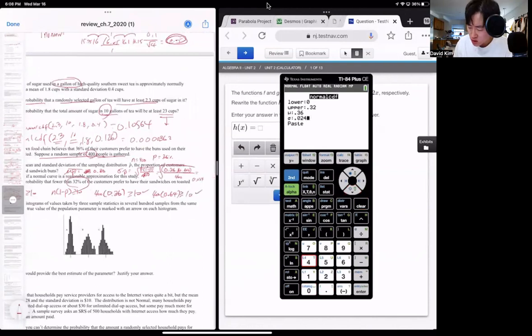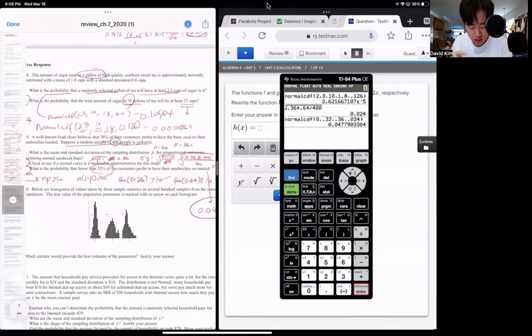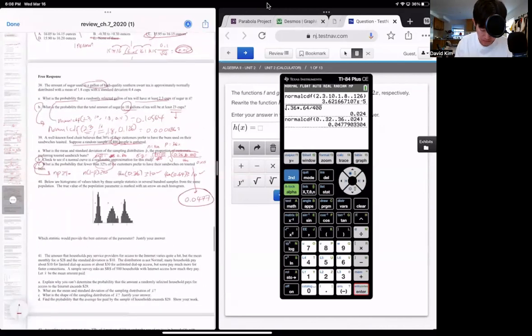So the probability here is 0.0477. They approximated it to 0.048, but I'm just going to leave it like this. So about a 4.7% chance that that is going to happen.